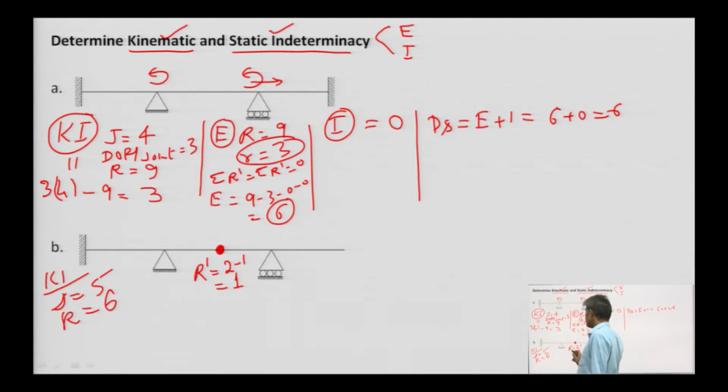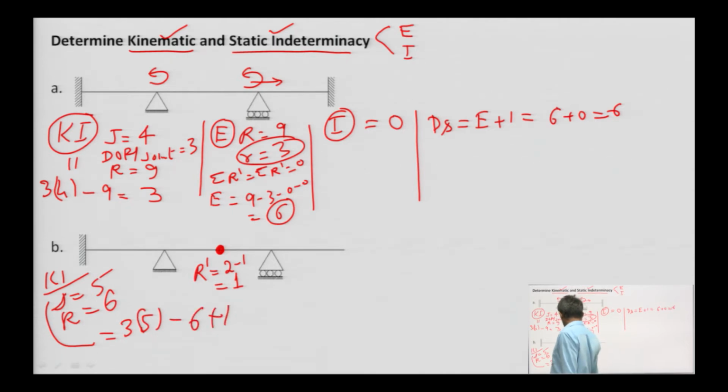Here R dash value: an internal hinge is provided at only one place, so no need to write sum of R dash. So, kinematic indeterminacy is equal to 3 times 5 minus 6, plus 1. So, 15 minus 6 is 9, plus 1 is 10, total kinematic indeterminacy.